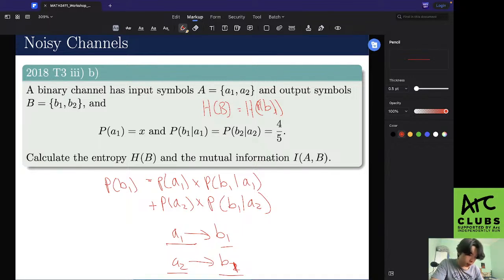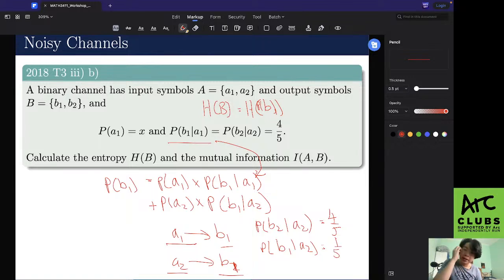Well, we know the first probability right here, which is 4 on 5. And we know that the probability of B2, given we just sent out an A2, is equal to 4 on 5. Well, we know that there are only two symbols, B1 or B2, so the other time we must receive a B1.